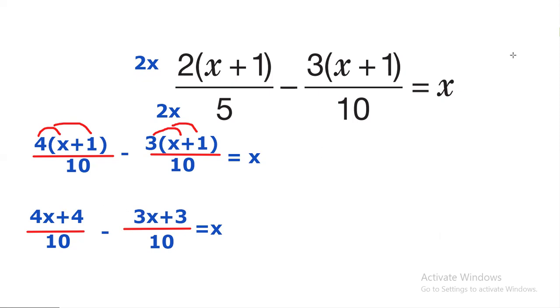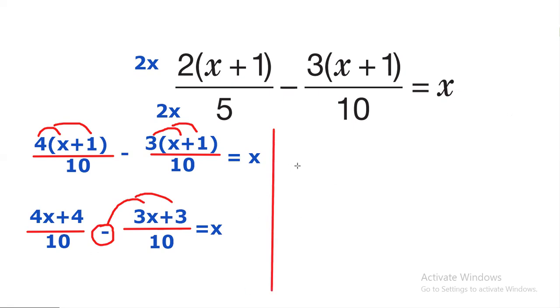Now we can use the whole numerator with one denominator. Focus on this sign. This negative sign must be expanded here because the whole fraction is negative. Focus on this because this step is very important. Now let me put a line here. I'll follow this step with you.